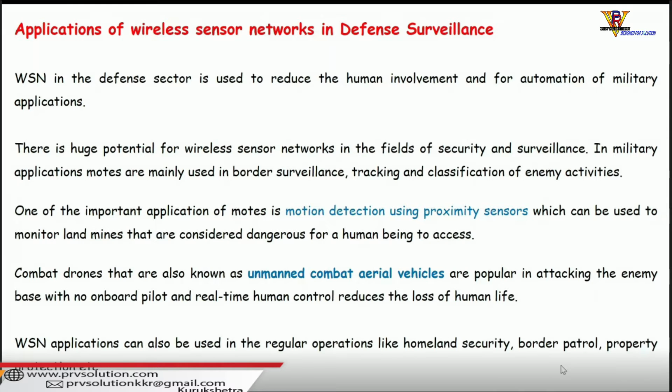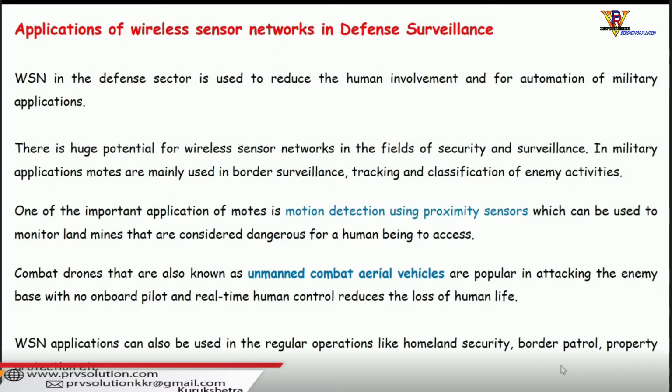Combat drones, also known as unmanned combat aerial vehicles, are popular in attacking the enemy base with no onboard pilot, and real-time human control reduces the loss of human life. Suppose we use a manned combat air vehicle, there is a possibility that the enemy may target the vehicle with a missile, and human loss may happen there.